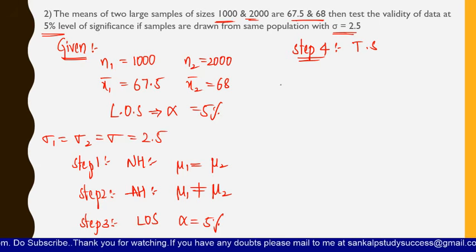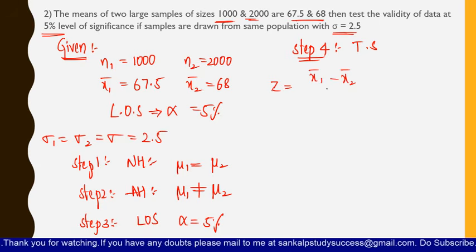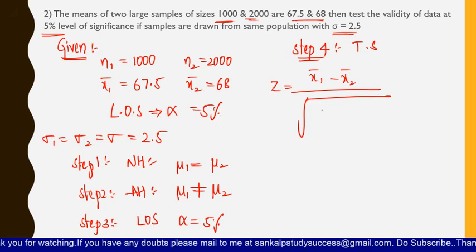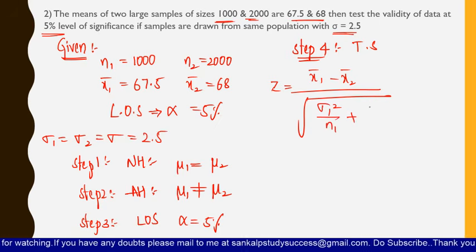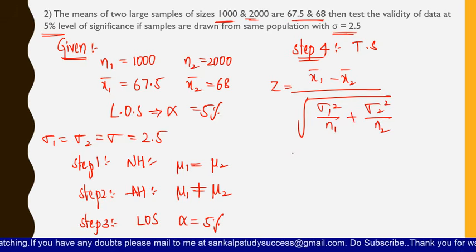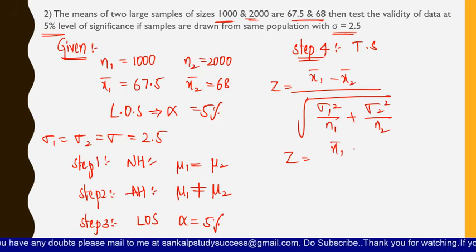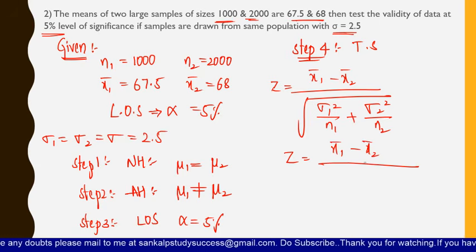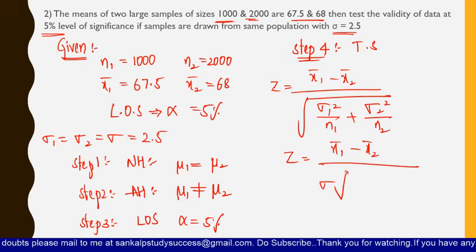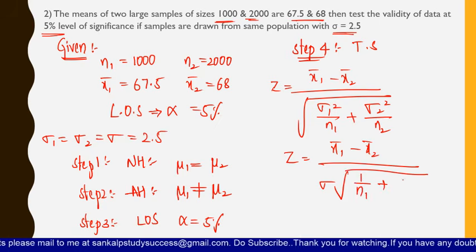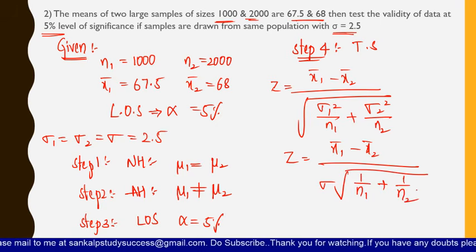The test statistic is the z value, where z is equal to x1 bar minus x2 bar divided by the square root of sigma 1 square by n1 plus sigma 2 square by n2. In this case, sigma 1 and sigma 2 are one and the same. So x1 bar minus x2 bar by sigma, if you take sigma common, into the square root of 1 by n1 plus 1 by n2. If you substitute all these values, you will get the calculated value of z.